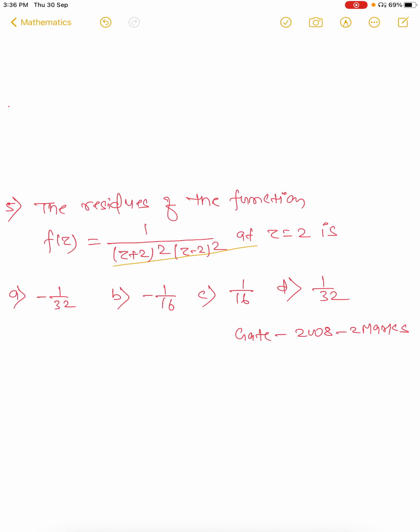The residue of the function f(z) at z equal to 2 is, we have to find out the residue. Okay, so what will happen?